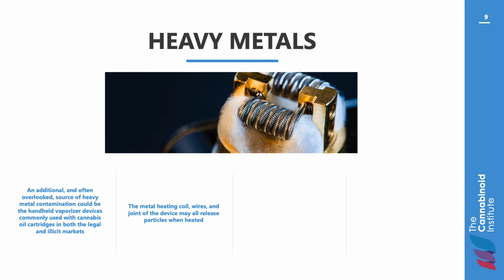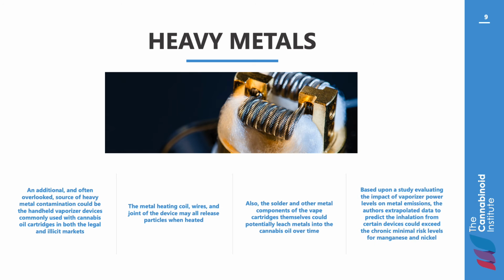Additionally, the solder and other metal components of the vape cartridges themselves could potentially leach metals into the cannabis oil over time. Based upon a study evaluating the impact of vaporizer power levels on metal emissions, the authors extrapolated data to predict the inhalation from certain devices could exceed the chronic minimal risk levels for both manganese and nickel.